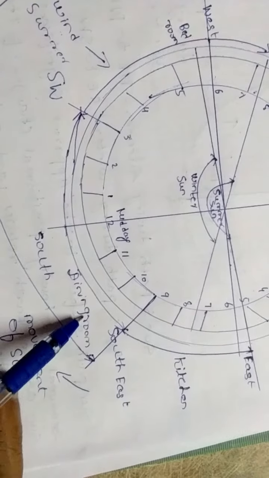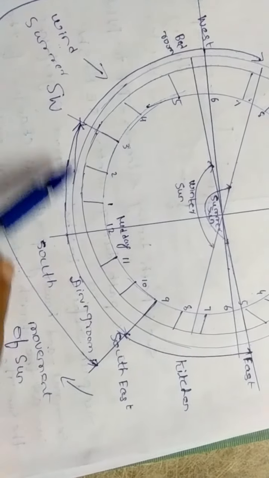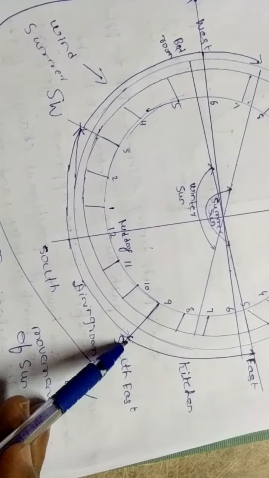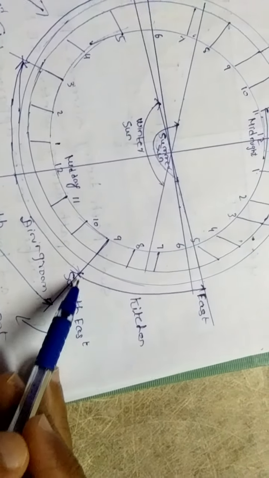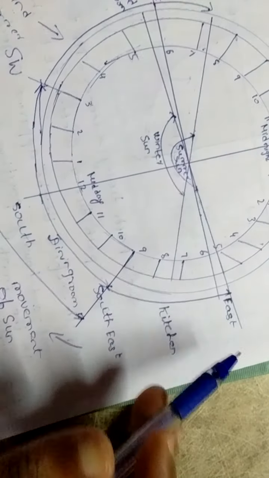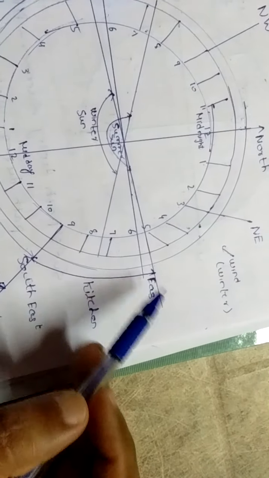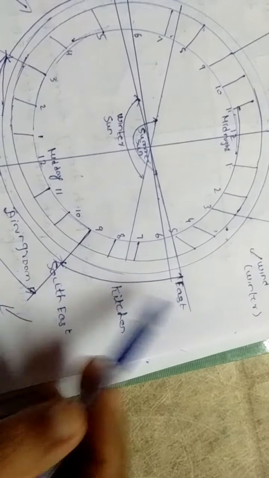Then considering the dining room, consider this arrow mark here. It is the same thing again, southwest or southeast. Then the kitchen: some part is in the southeast region and some part is in the northeast region. So the kitchen can be given either in the southeast region or the northeast region, but the southeast region would be the ideal direction for providing the kitchen.